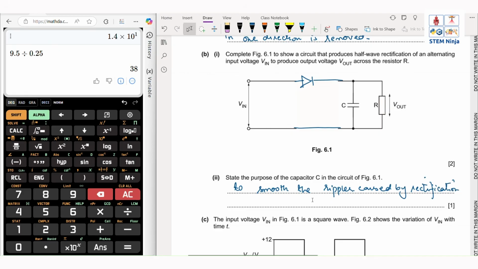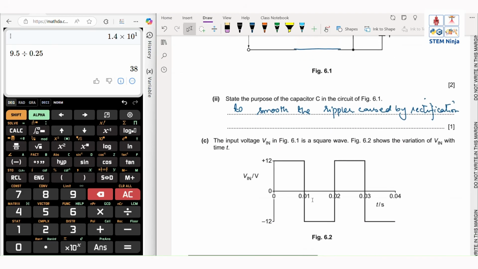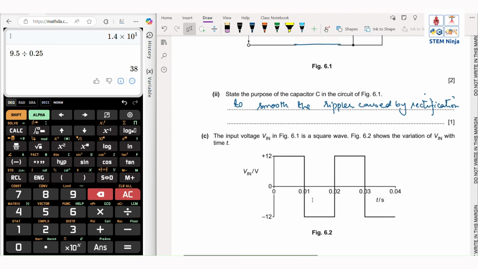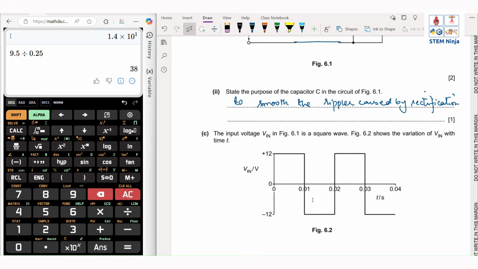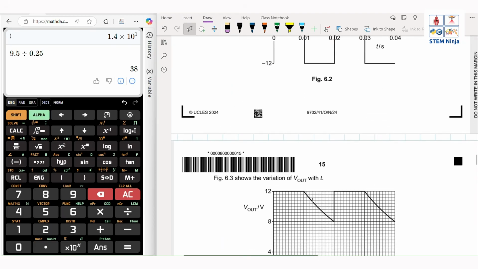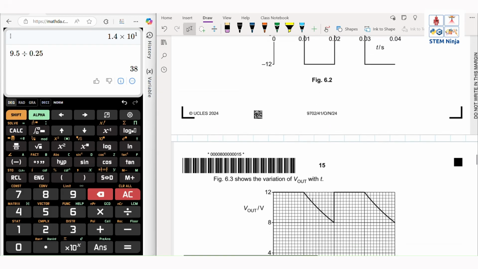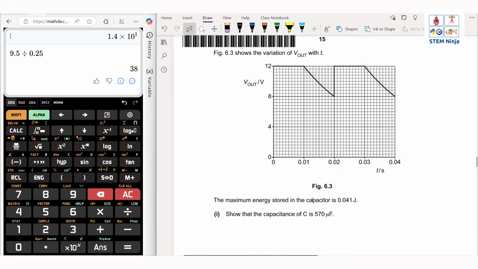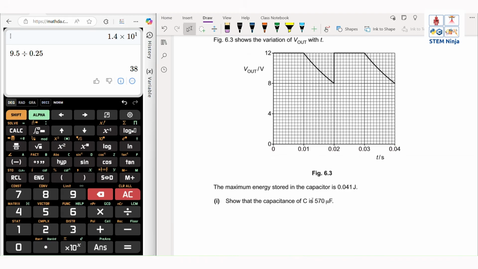Okay. The input voltage in figure 6.1 is a square wave. Figure 6.2 shows the variation of V in with time t. Figure 6.3 shows the variation of V out with t. The maximum energy stored in the capacitor is 0.041 joules. Show that the capacitance C is 570 microfarad.